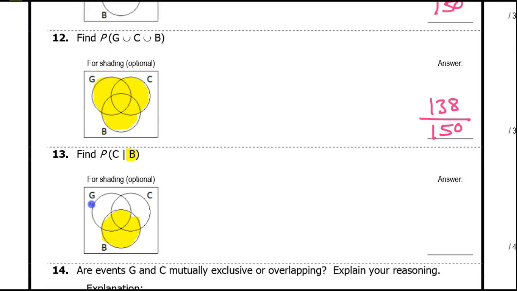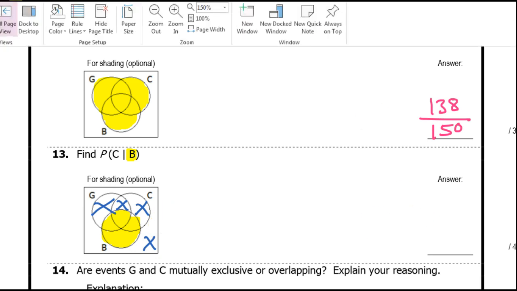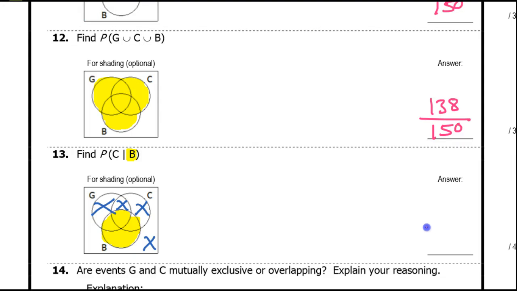So we're just going to cross out this and this and this and this. This is going to change the total. So the total will not be 150 when we do our target over total. The total will just be the B part.